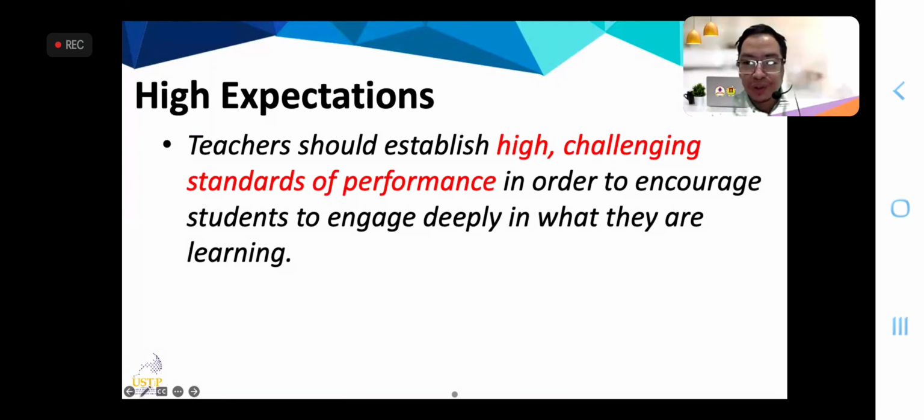Students will be discouraged to learn if the standards are very high. Yes, if you agree that when we expect high from our students, they are less motivated.